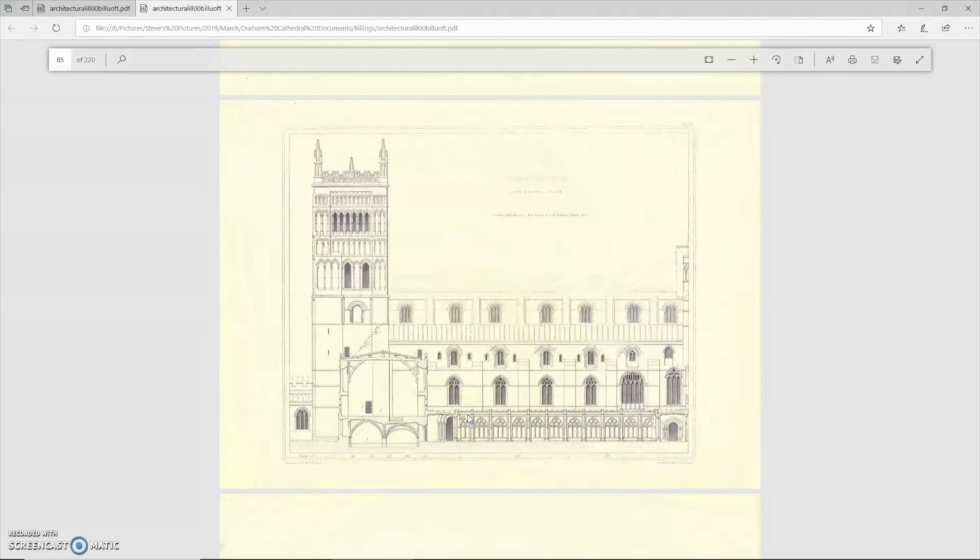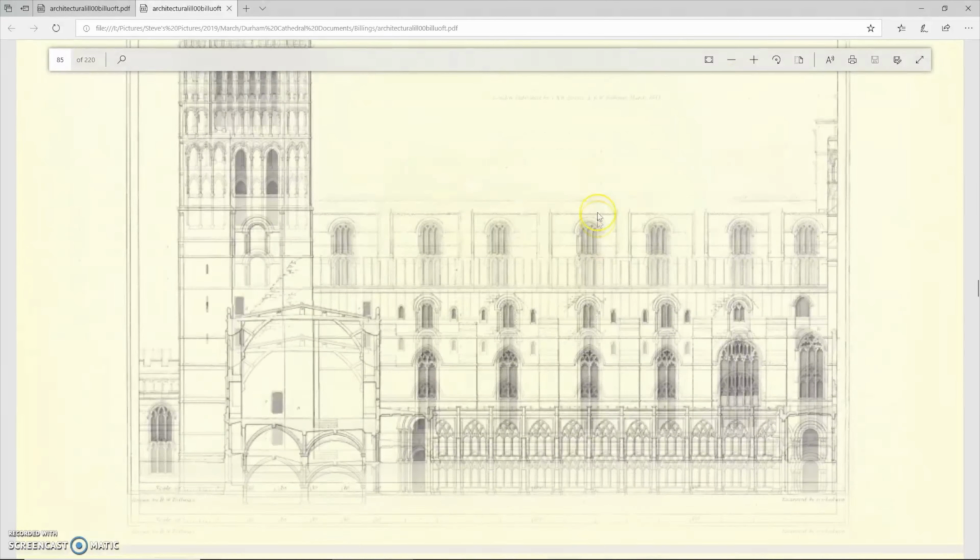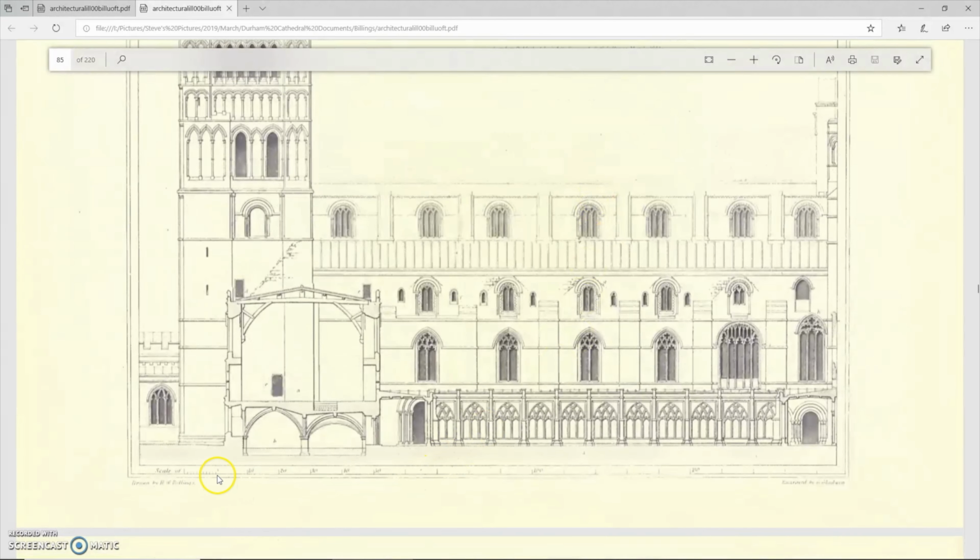Billings South Elevation Plate 1 is a scale drawing showing us the southwest tower. So if we zoom in here, we can see similarly that there is a scale at the bottom of 0 to 150 feet.